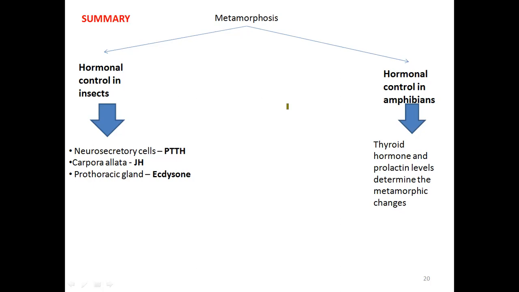At the metamorphic climax, the prolactin levels suddenly increase and maintain a particular level, and at the end of metamorphosis, the thyroid hormone levels drop and maintain a level that is required for the metabolic processes that regularly occur in the adult.